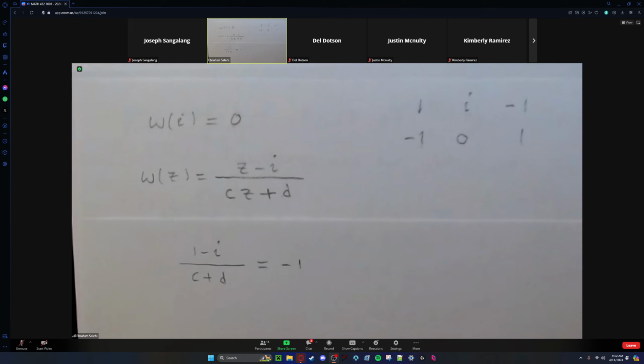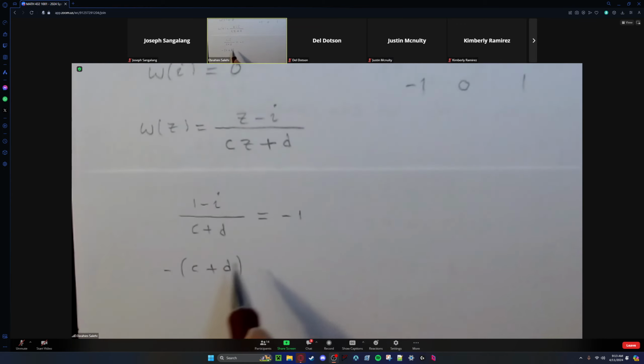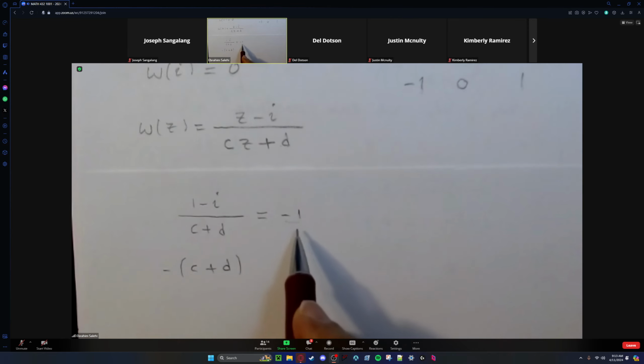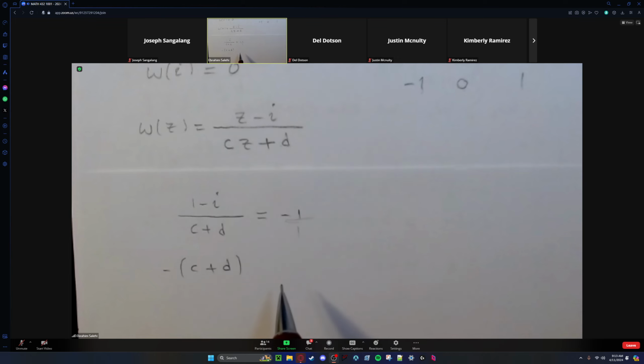Okay? Now you cross multiply. So this C plus D, negative, fine. I could put it in the denominator, right? It is 1 minus i.